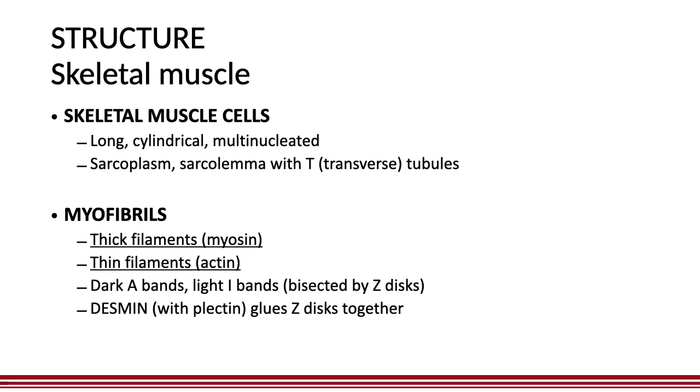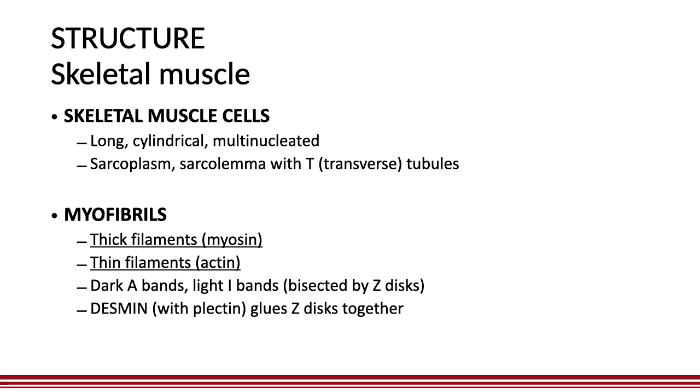Now, in the same way, the cytoplasm of skeletal muscle is known as sarcoplasm. As usual, it contains numerous organelles, the mitochondria, the endoplasmic reticulum, same as with any other cell type.